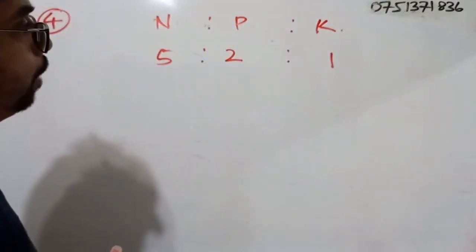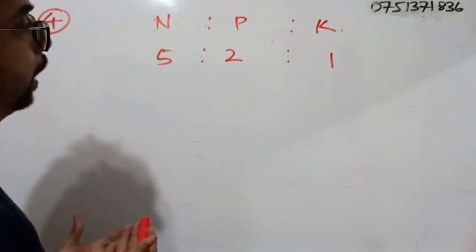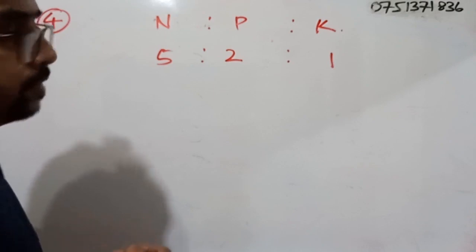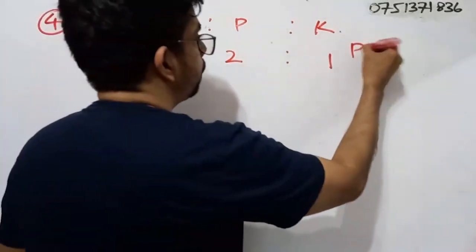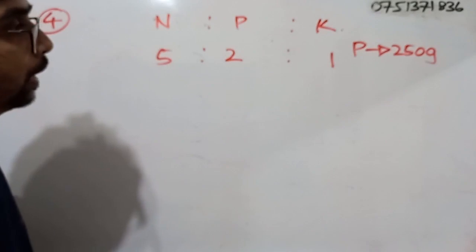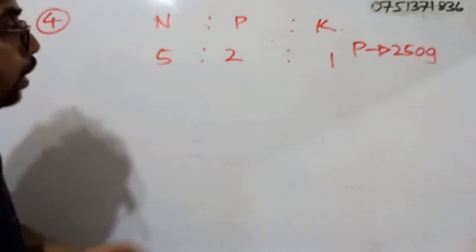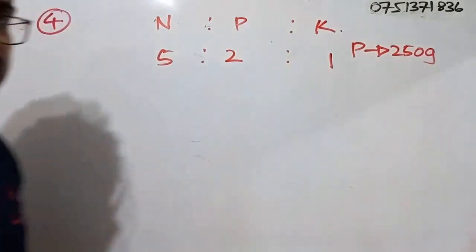So we have been given in this mixture the amount of phosphorus is 250 grams. So from that we can calculate the value of one part. 2 parts are equal to 250 grams.